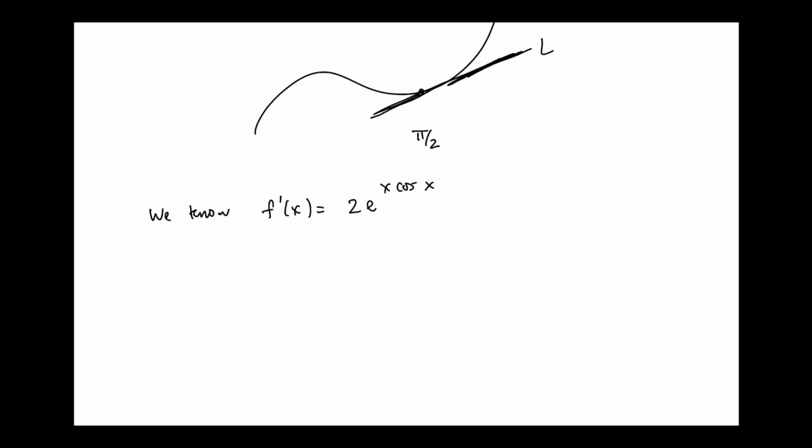But could I take the derivative of f prime? Yes. And how am I going to do that? Well, this is chain rule, right? So what's the derivative? 2e to some stuff times the derivative of the stuff.